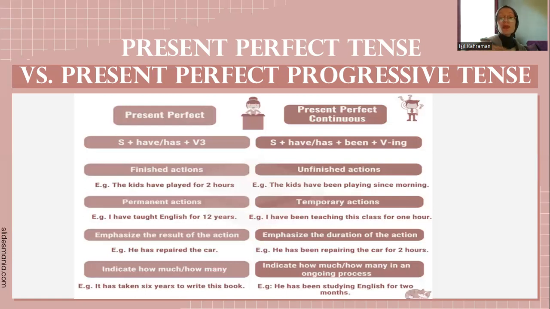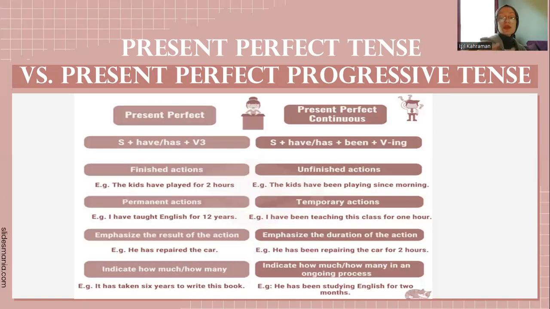The kids have been playing since morning. They started to play in the morning and it's evening and they are still playing. In present perfect there are permanent actions, but continuous tense has temporary actions. I have been teaching this class for 1 hour.